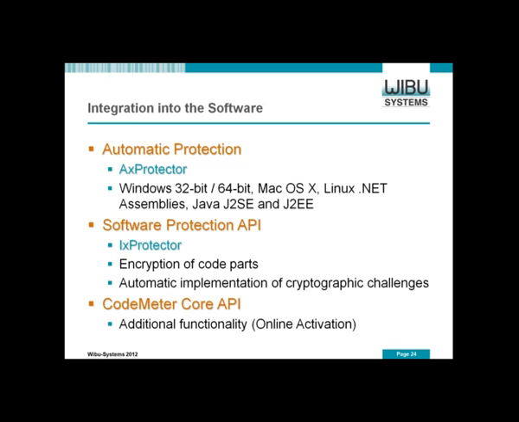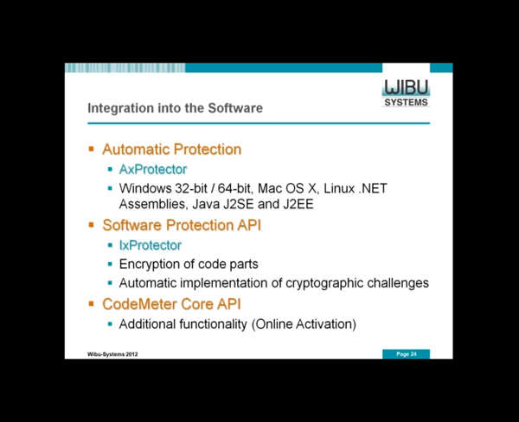It's also possible to do more individual things within your software itself, and with the IX Protector you can divide your software into many different small pieces and encrypt them one by one, which means that these pieces will be decrypted in memory at the time when they are needed.